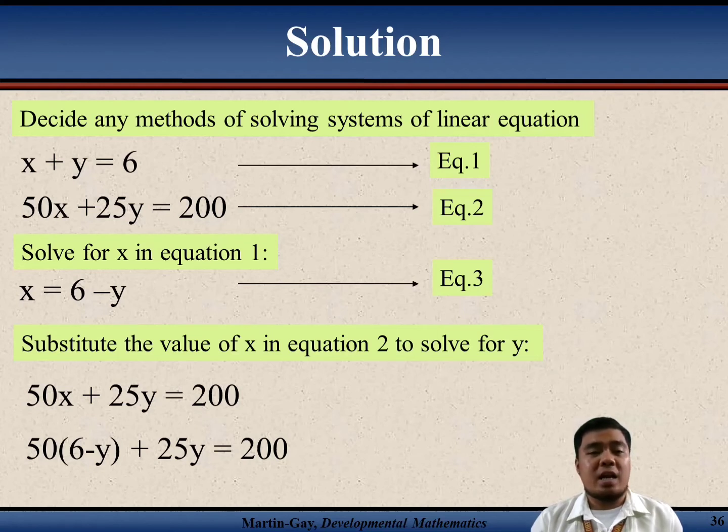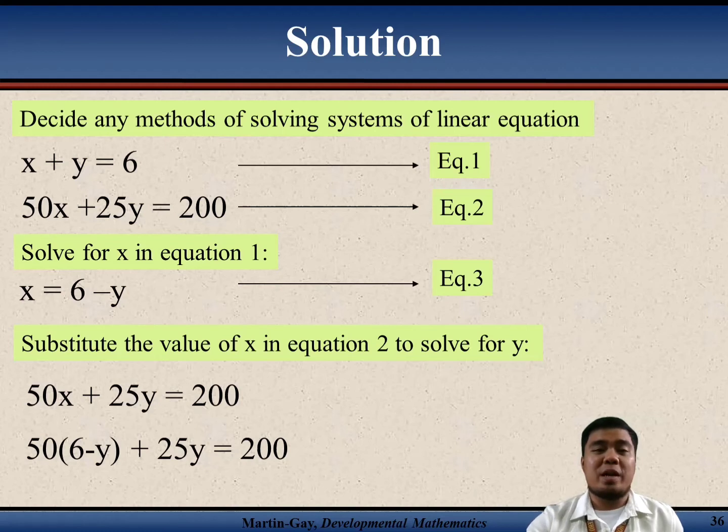So therefore, that is 50x plus 25y is equal to 200 as our equation number 2. Then what I am going to do is substitute 6 minus y. So what happened? 50 times 6 minus y plus 25y is equal to 200.